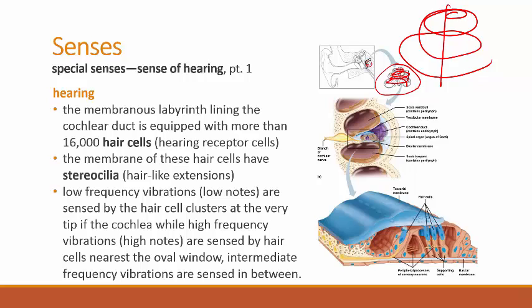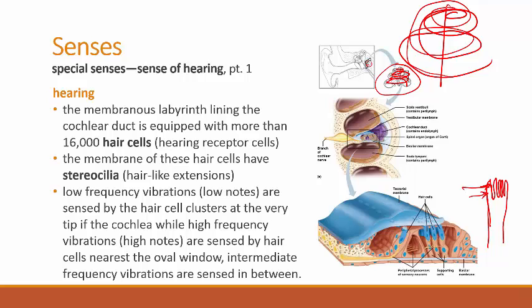On them there are short extensions that come off of them, similar to cilia, that when vibrations are transmitted through the endolymph up into the cochlea, they are deflected. So they move with the vibrations. And so these hair cells are affected by the vibrations.